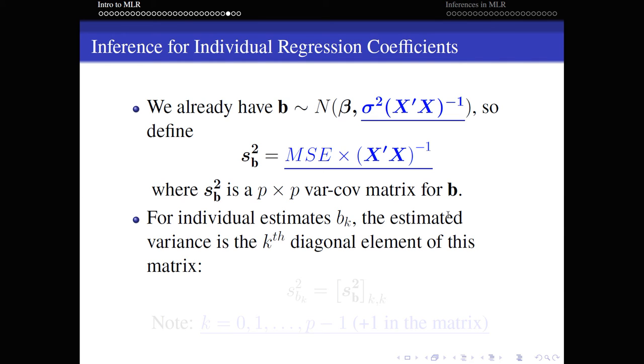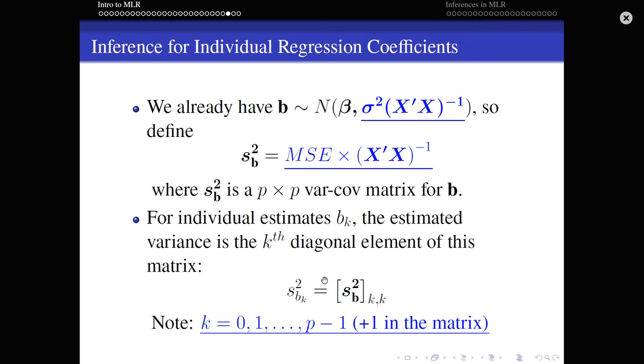Now we can get the variance of individual estimates, b_k. So b_k is a single parameter estimate, the kth parameter estimate, and we can get the variance of that by taking the kth diagonal element.